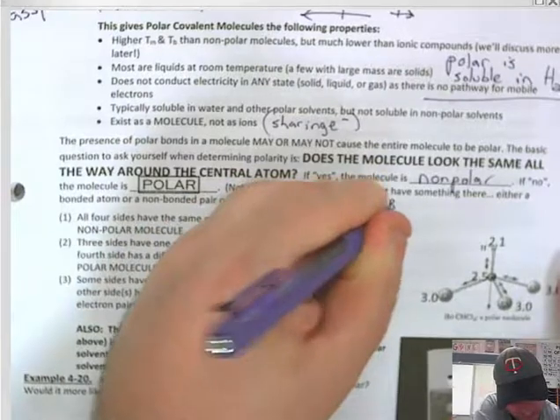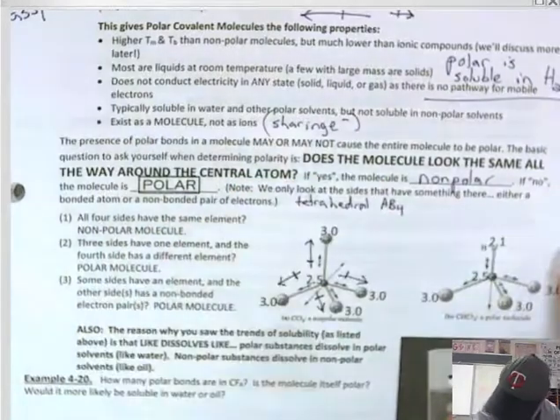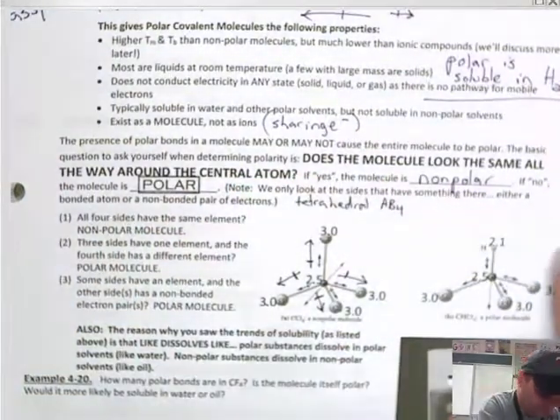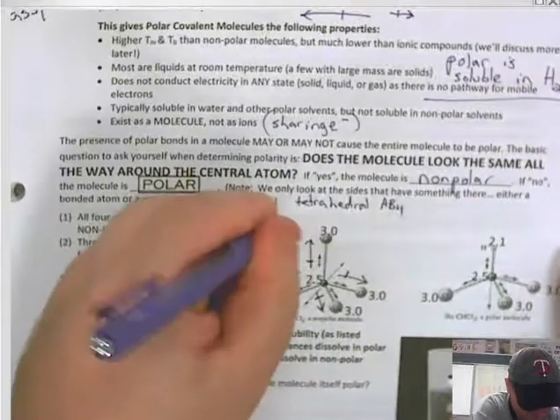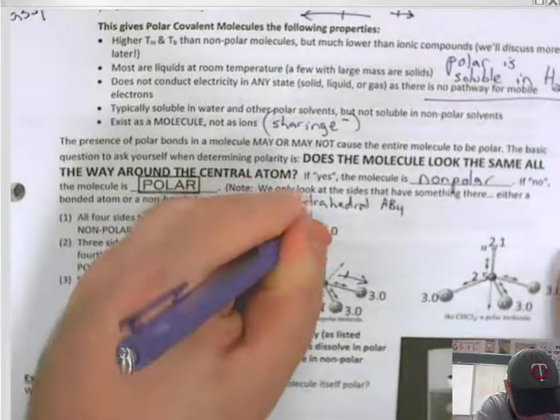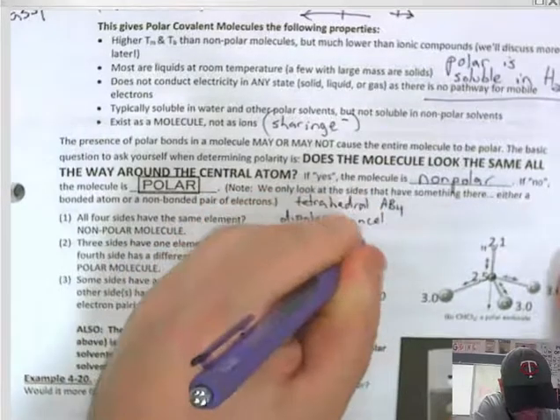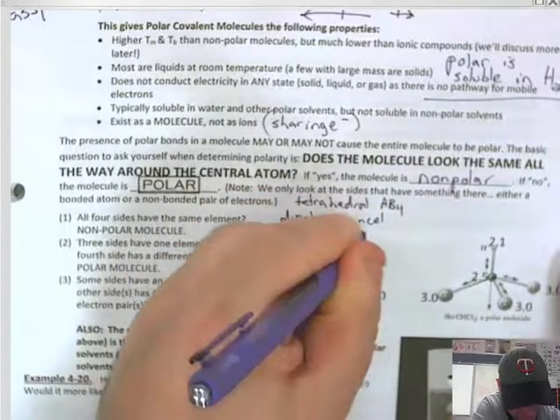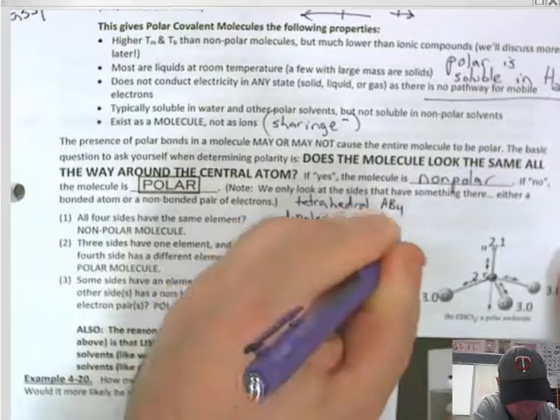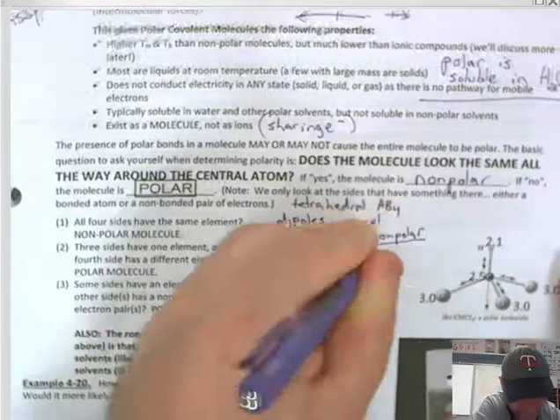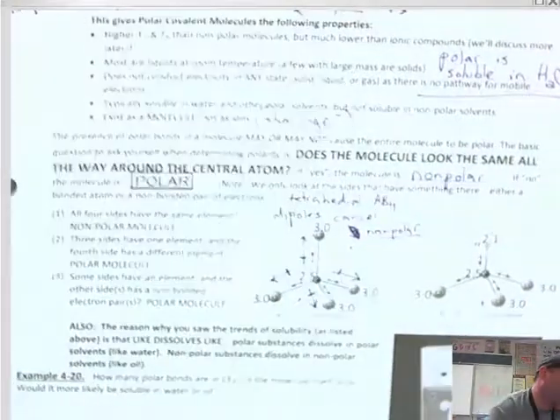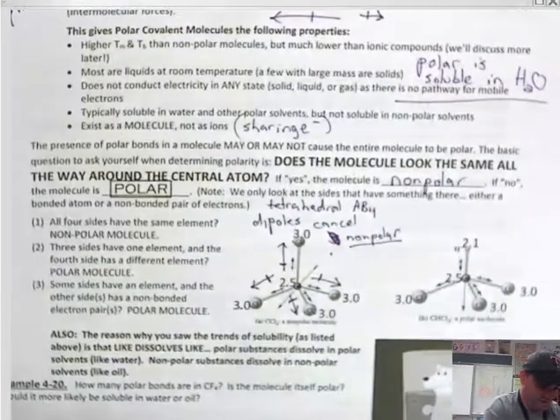Because it's an AB4, of course. You do know that, right? But the big thing here is that the dipoles cancel. If the dipoles cancel, that means this is nonpolar.